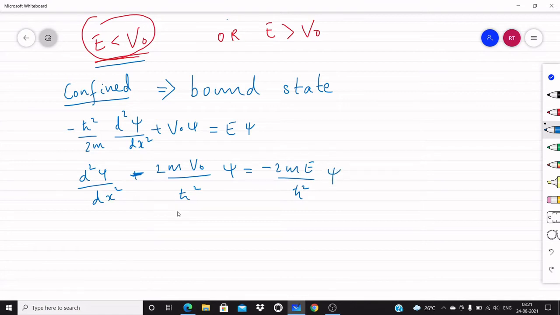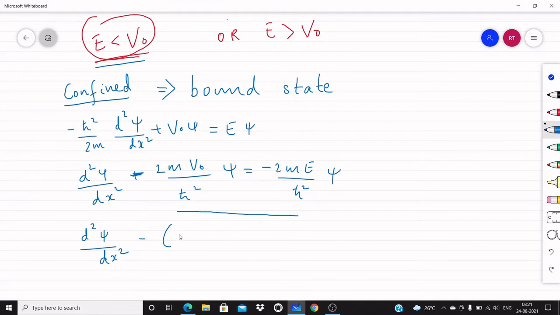Now let us combine these two terms. So we will have d square psi by dx square, and let us take a minus outside. Once this term comes to the left hand side, it will be positive, but when I take minus outside, that will be minus within the brackets.